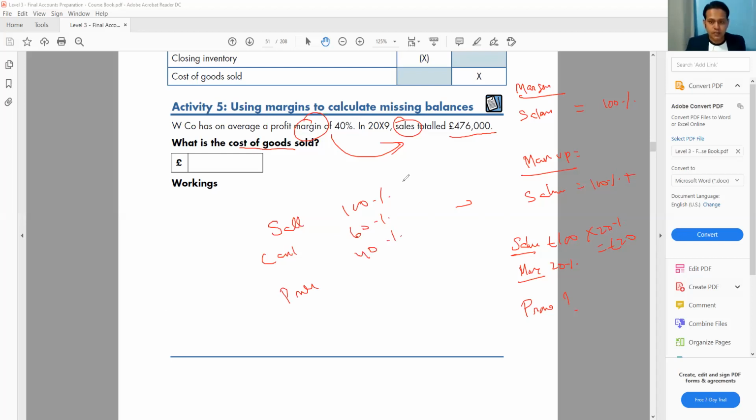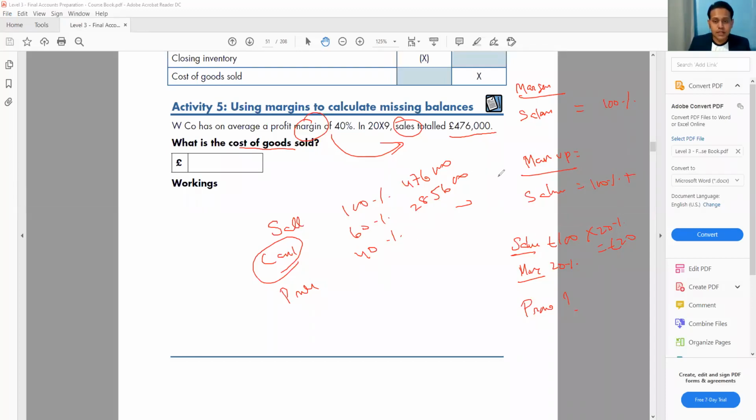So if my total sale is 476,000, and 60% of that will be the cost, isn't it? So how much is it? 476 times 60% is 285,600. Thank you, Raju. And the profit will be whatever is the difference. That's the profit anyway, so we don't have to worry about it.